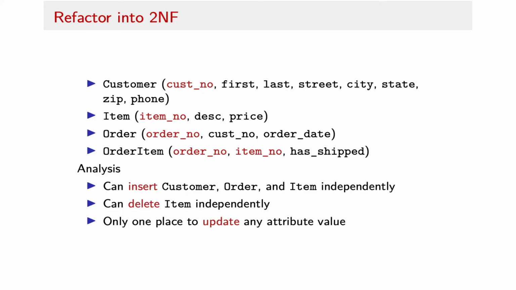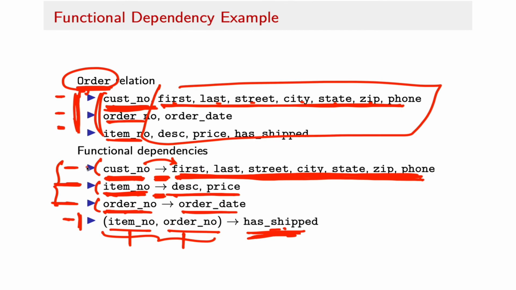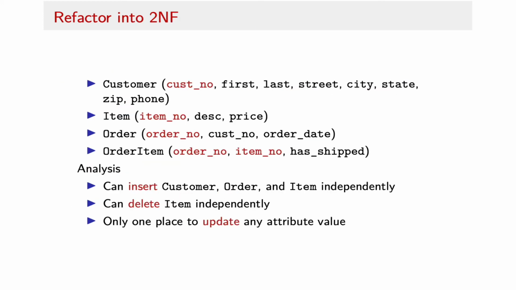So let's now take a look at a refactoring of this order relation into multiple other relations that are now going to be in second normal form. As I suggested before, these four functional dependencies are what are going to guide our choice of relations. And here's that list of relations.